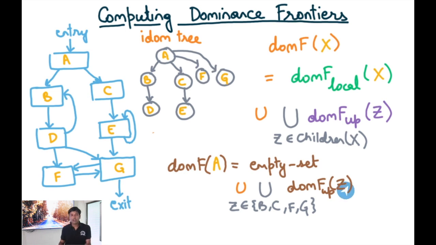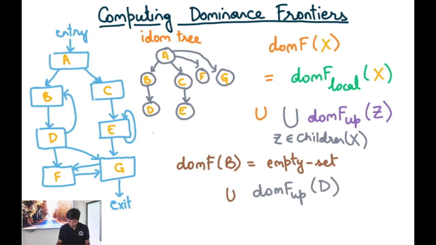But which of these are passed up, which means which of them are not strictly dominated by the parent, which is A, and that actually also turns out to be an empty set. And so the final answer is empty set, because A pretty much strictly dominates everything. So anything that is in the dominance frontier of B, C, F, and G will be strictly dominated by A, and so the dominance frontier of A is the empty set.